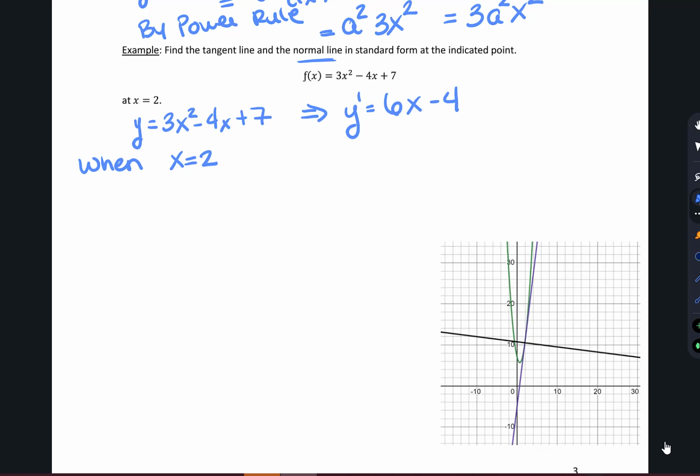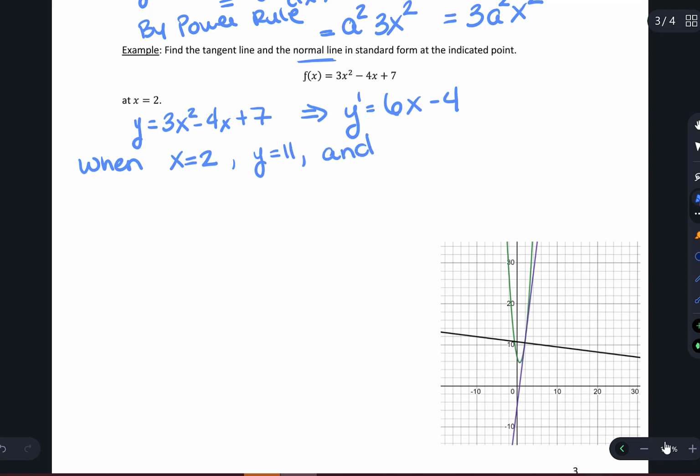So when x is equal to 2, if we substitute 2 into the function, notice we're going to have 3 times 2 squared, which is 12, minus 4 times 2, so minus 8 is going to be 4, plus 7 is 11. So when x is equal to 2, y is equal to 11.